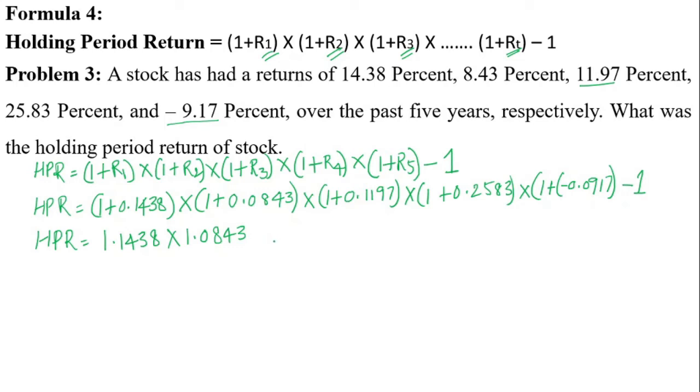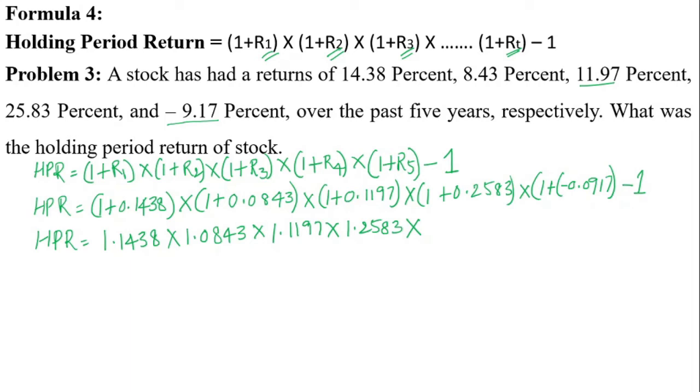Like that, each and every bracket value is added and written in another step, into 1.1197, into 1.2583, into, now we have to add 1 plus minus 0.0917. One value is a minus value, another value is a plus value, so we have to deduct the minus value from the plus value.